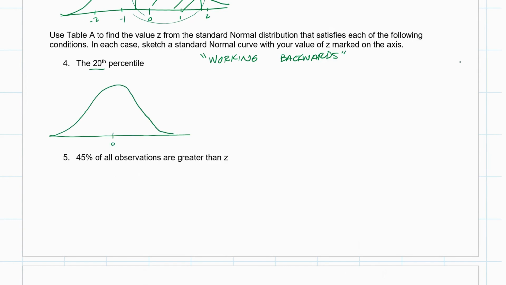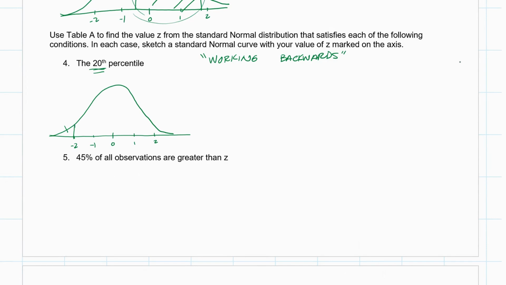So I want you to imagine we have our standard normal distribution again, and we're looking for the 20th percentile. Now, I kind of know that here's where the 2.5 percentile is because we did that calculation earlier.